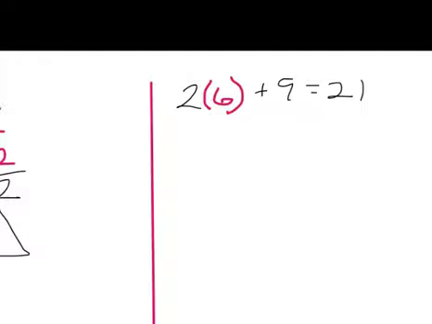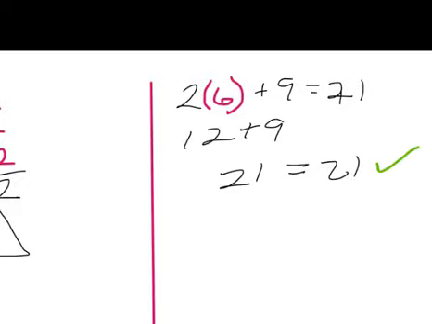Basically, I'm saying that now that I have a value for that variable, if I solve what's on this side of the equation, it should equal what's on the other side of the equation. So 2 times 6 is 12, and 12 plus 9 is 21. So 21 equals 21. My answer checks out. Excellent. Let's try another one.